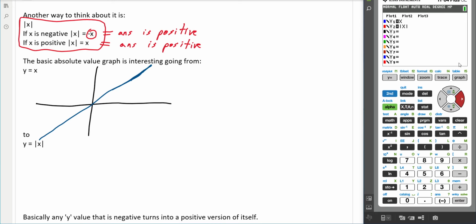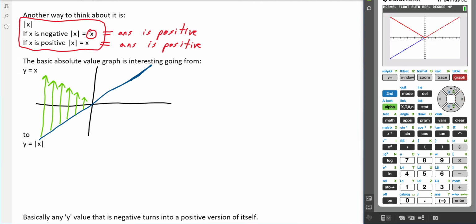So every negative value becomes a positive value. So this goes up to here, this goes up to here, this goes up to here, and they basically just flip the sign from a negative to a positive value.